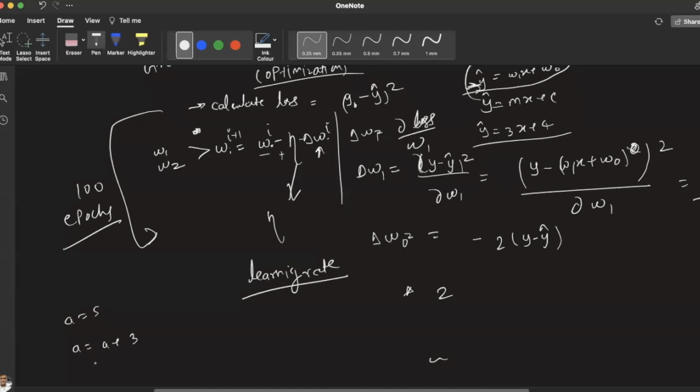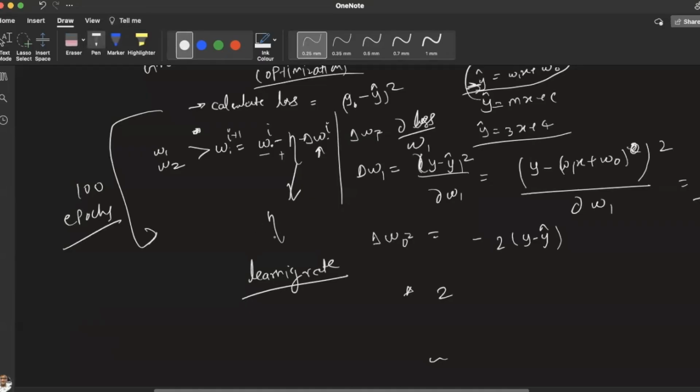So what will happen? A will become 8 in the next iteration, it will increase. If this delta W is positive, then here it will be negative, so it will be decreased. So next iteration it will be 2. It's simple addition, guys. So it will decrease, not a big deal, right?